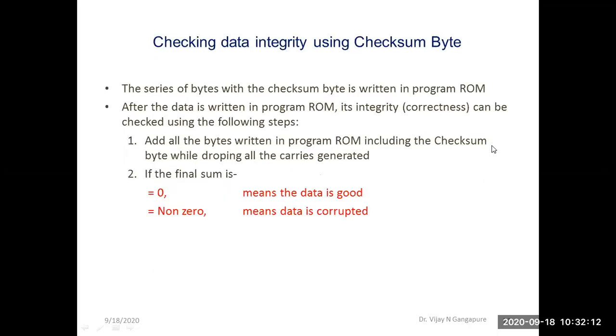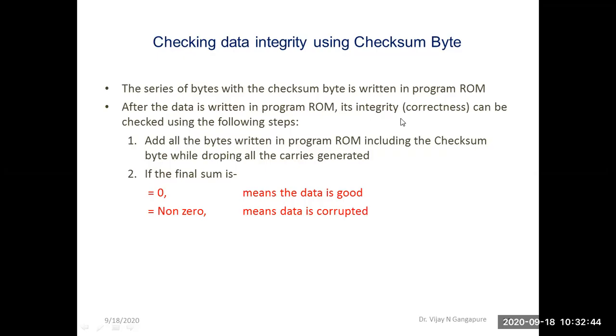So how to do that is given here: checking data integrity using checksum byte that is written with data bytes or program bytes. The series of bytes with the checksum byte is written in program ROM. After the data is written in program ROM, its integrity or correctness can be checked using the following steps. After writing all the bytes, we will have the checksum byte after them.